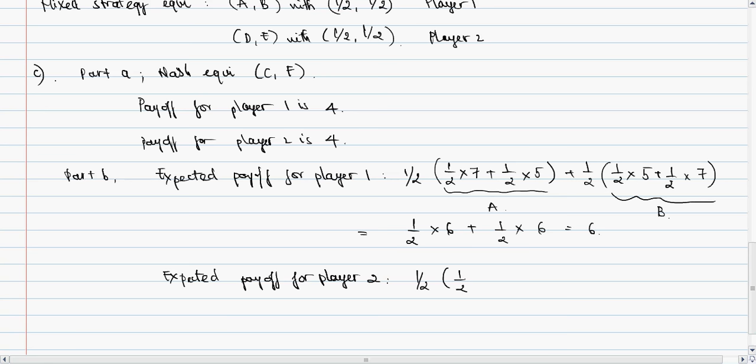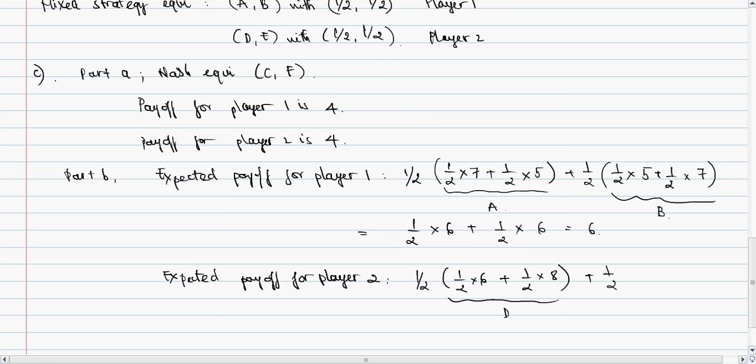So half of the chance player 1 will be playing A, and player 2 will get 6 if he's playing D. And half of the chance player 1 will be playing B, and corresponding to that player 2 will get 8 if he's playing D. So this is the payoff he gets by playing D.